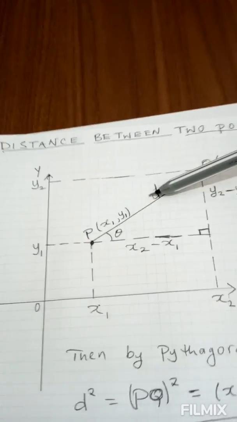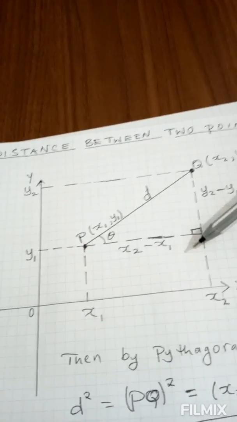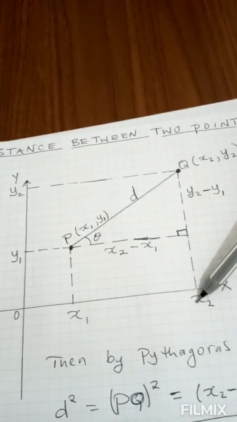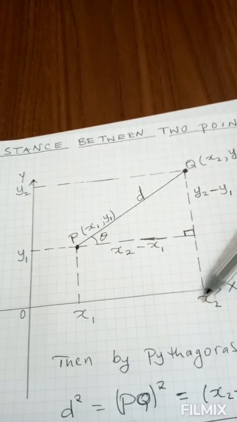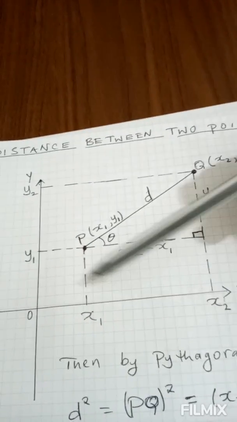We can see clearly that this is a right-angled triangle. So we have two points here of x2 and x1.